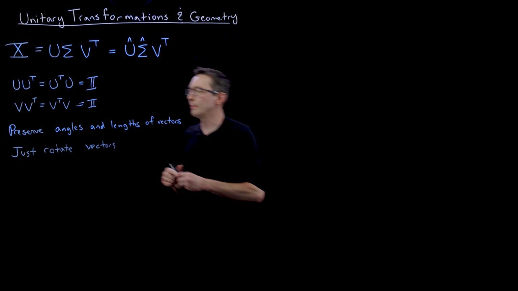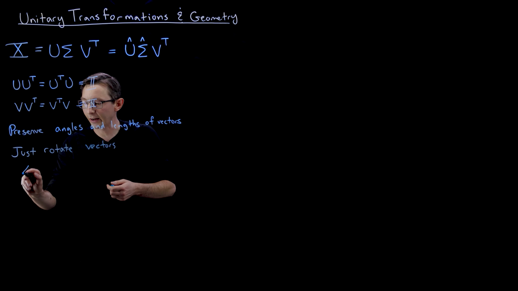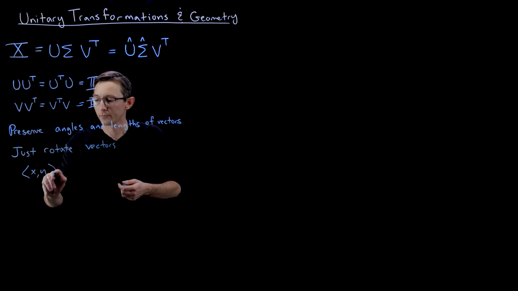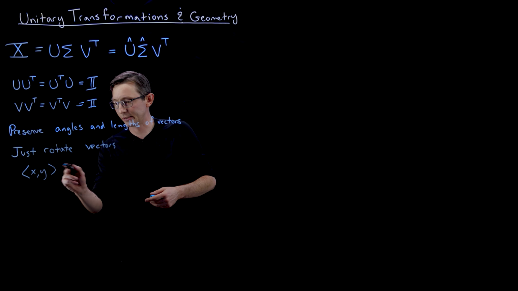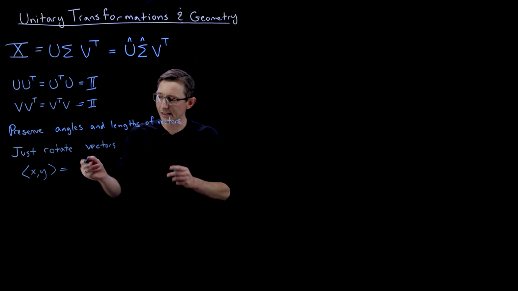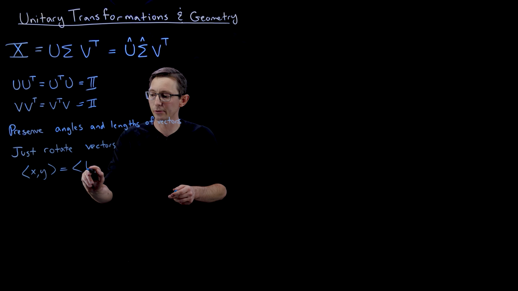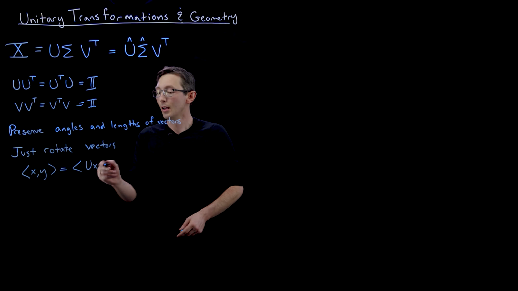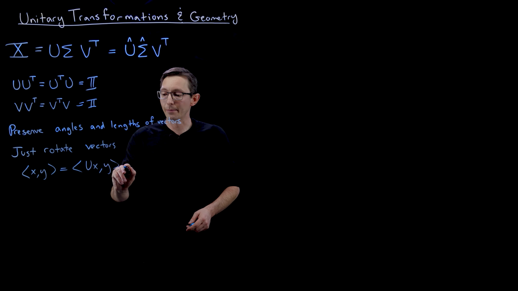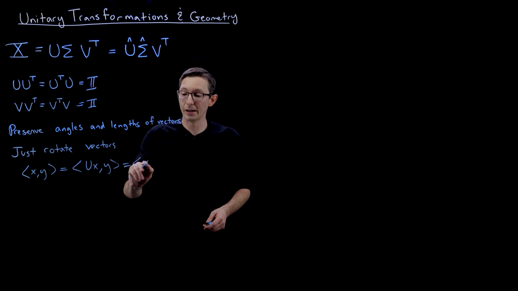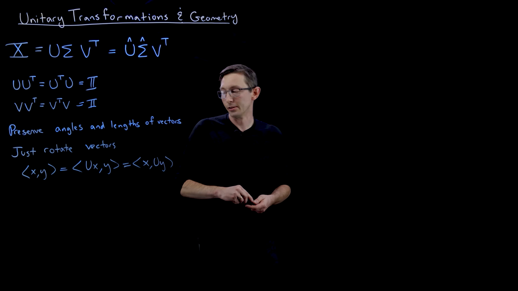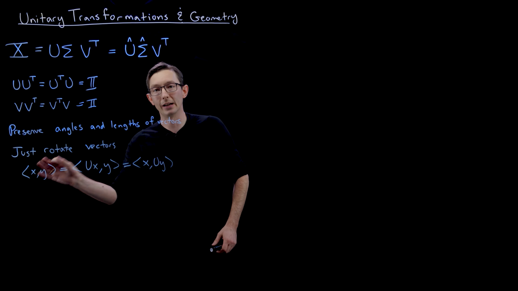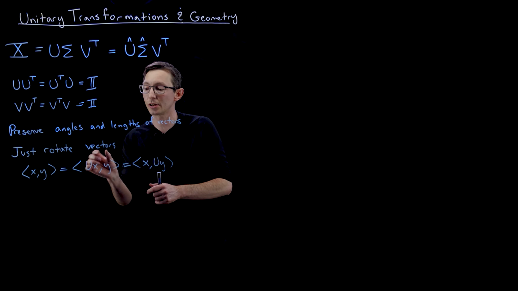Okay, and so what I mean by this is if I have any two vectors x and y in my vector space, and I take the inner product of these two vectors, it's the same if I map both x and y through this unitary matrix U. So this inner product between x and y is unchanged.